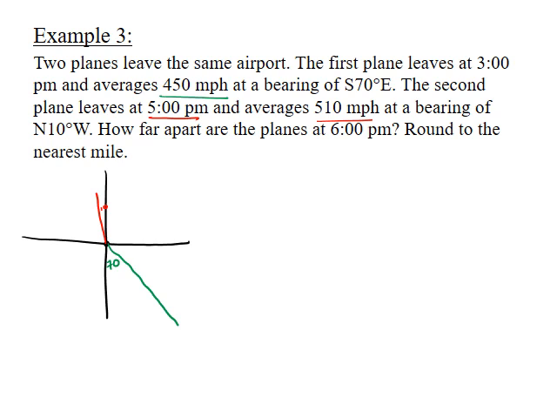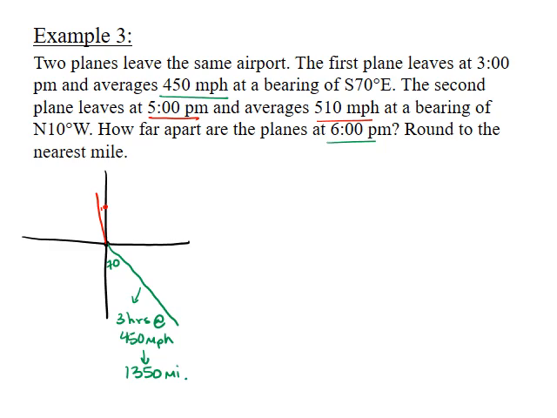Okay, so let's calculate a little more information here. We know this side is, if it leaves at 3 o'clock and we want to find how far apart they are at 6 p.m., that's 3 hours. So 3 hours at 450 miles per hour will tell us, so multiplying this, we will get 1,350 miles.